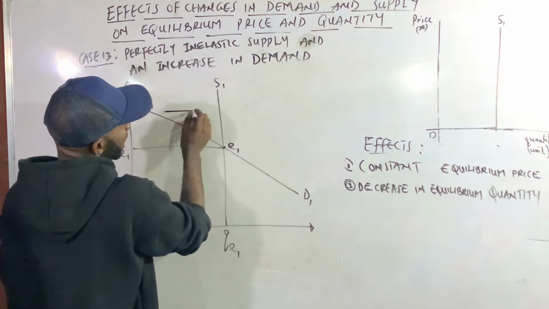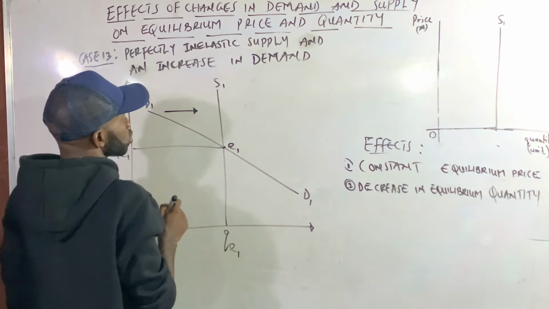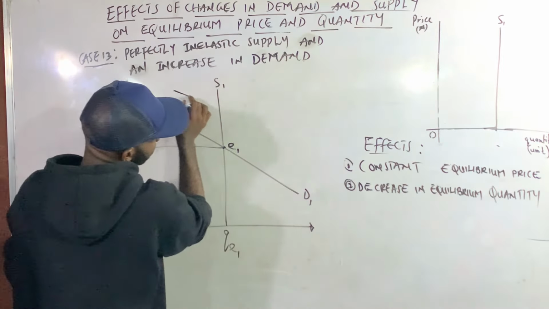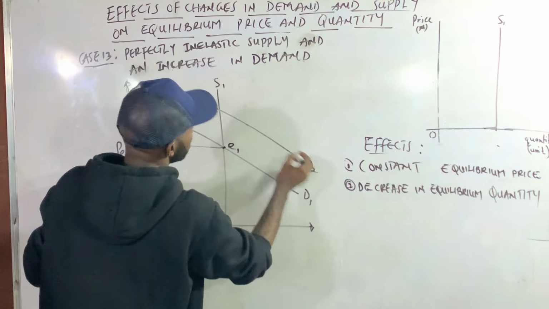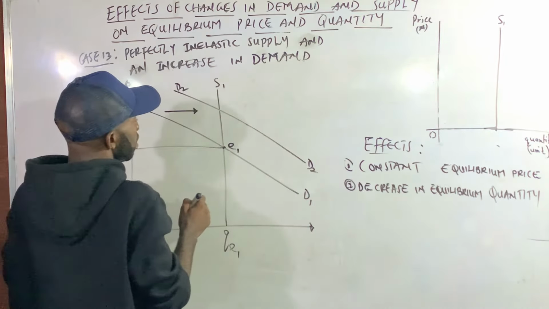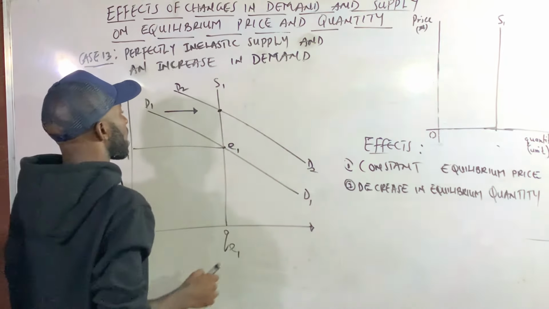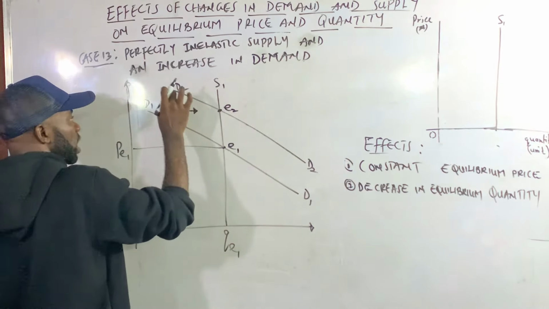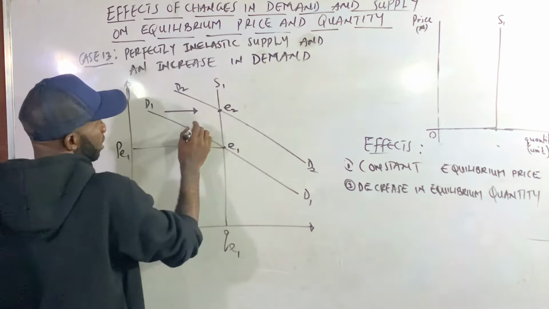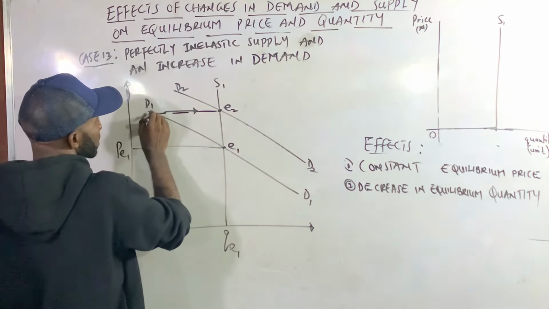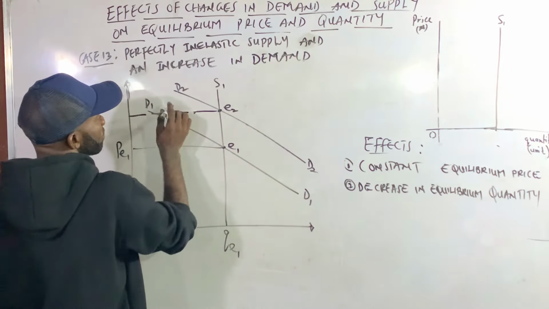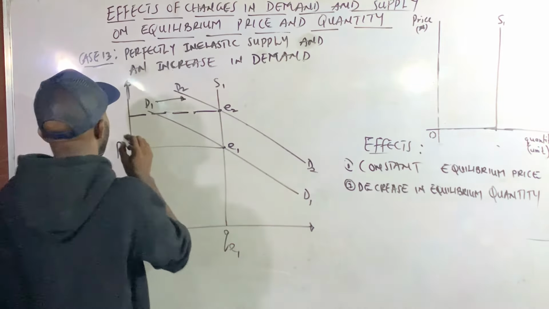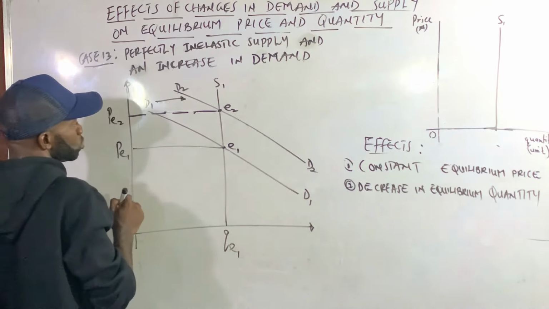Increase in demand, like we have in supply, is also a rightward shift of the demand curve. So this is what we should have, D2. From D2, we can establish a new equilibrium point 2, which is the combination of the new demand curve and the old supply curve. We trace this to the price axis, and then we have equilibrium price 2.